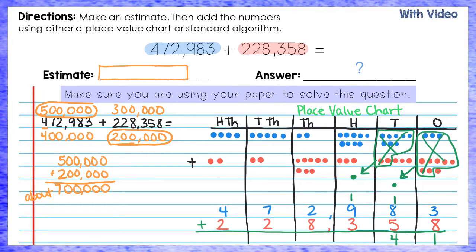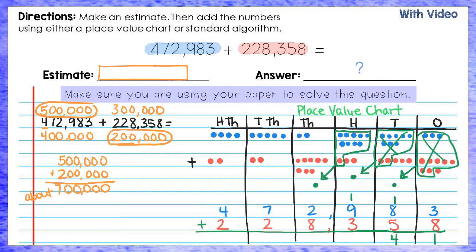Now I'm going to add up the hundreds: 9, 10, 11, 12, 13. I can't have 13 in the hundreds place, so I need to regroup 10. 10 hundreds is 1,000 because I'm counting by hundreds. 100, 200, 300, 400, 500, 600, 700, 800, 900, 1,000.